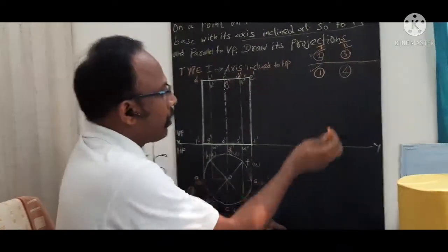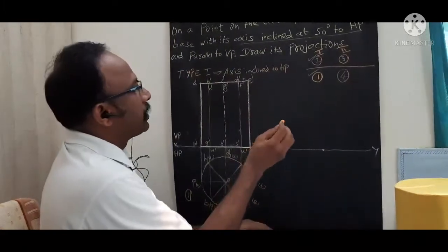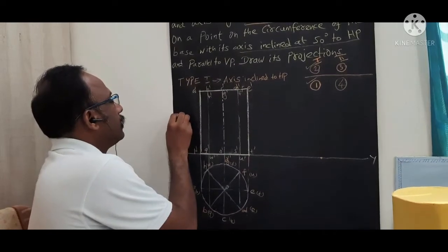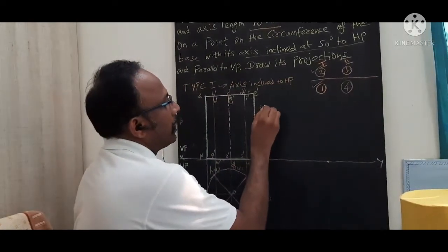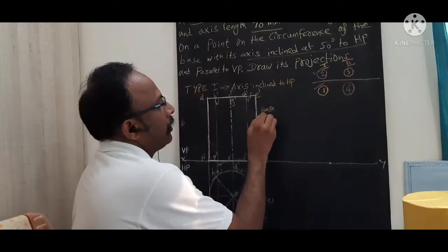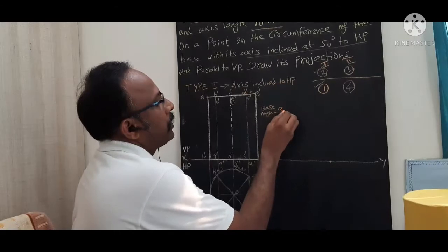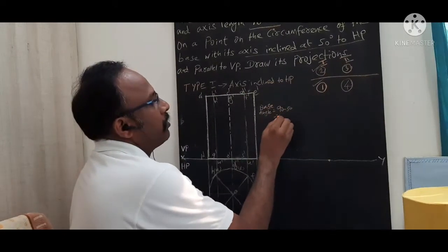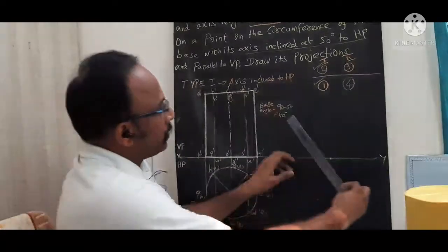Then here one formula we need to use, that is the base inclination angle. Base angle is equal to 90 minus given angle. 90 minus 50 is equal to 40 degrees. So you consider this, then we are going to draw this.